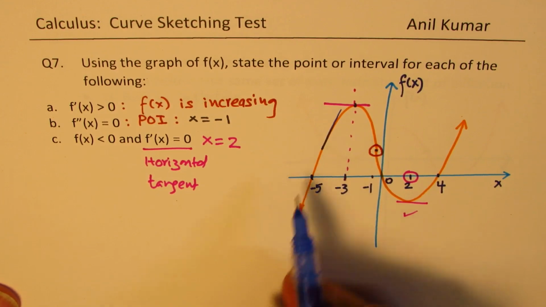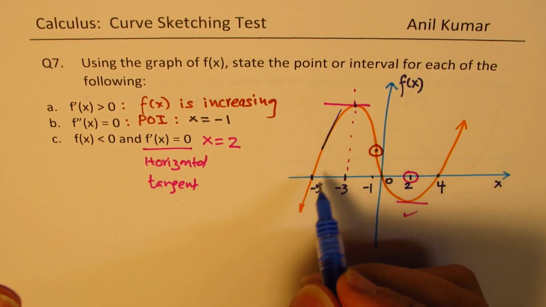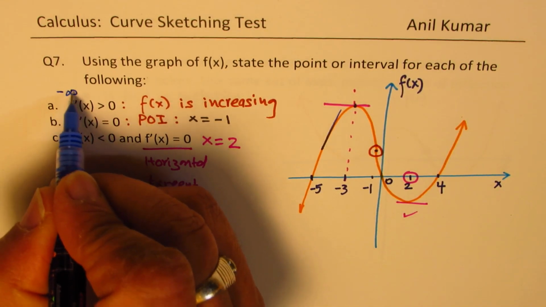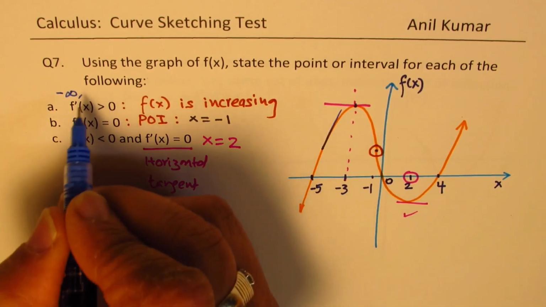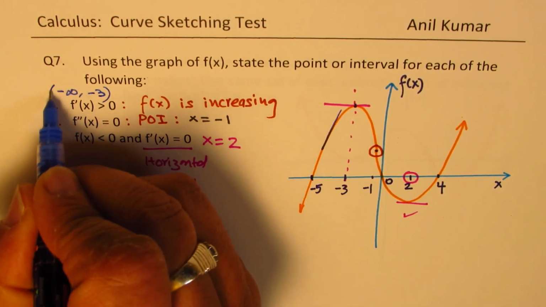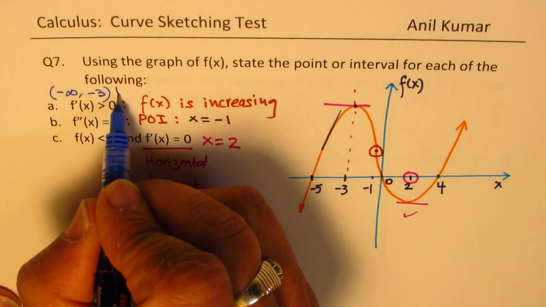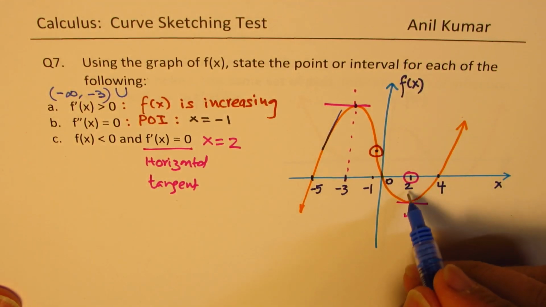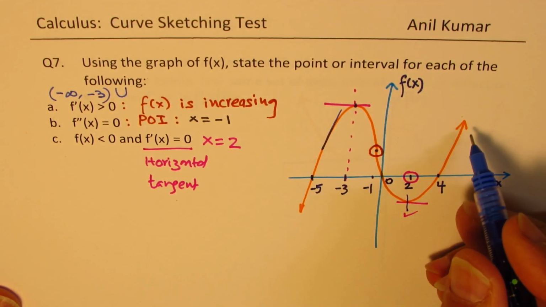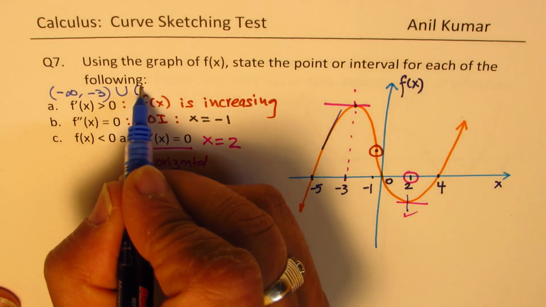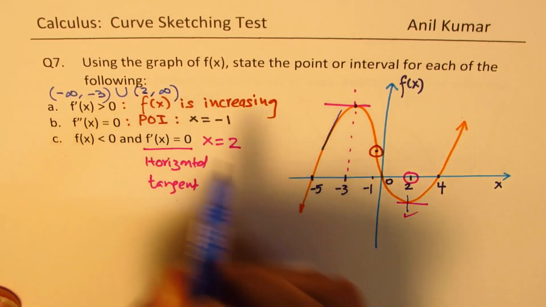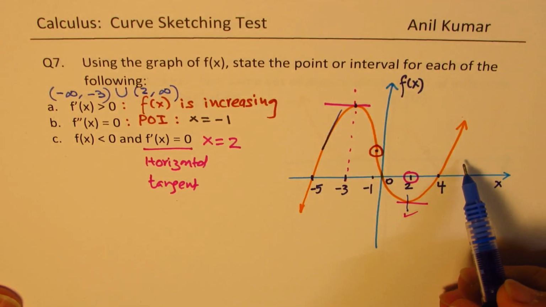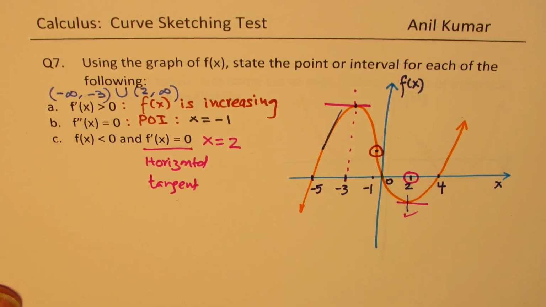The gradient is positive. So one interval is from -infinity to -3, and the other interval is from 2 to infinity. So the other one is from 2 to infinity, correct? So in these two intervals, what we see is the derivative should be positive.